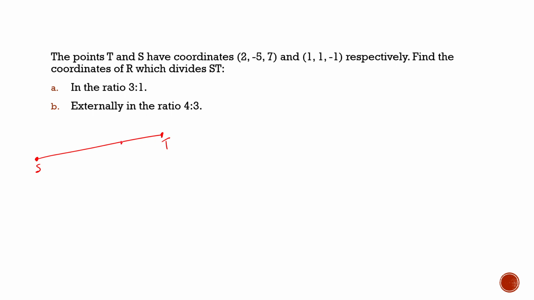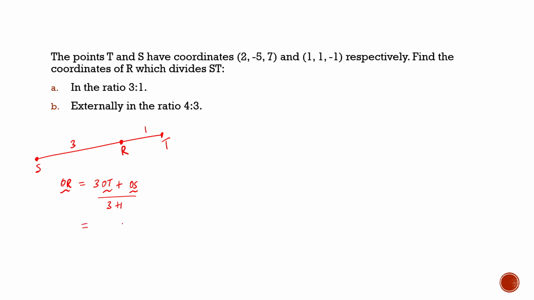So 3 to 1 looks something like that, where our point R is in the middle, and so the position vector of R will be given by 3 times OT plus 1 times OS, divided by 3 plus 1.